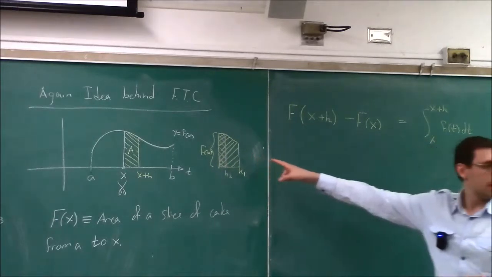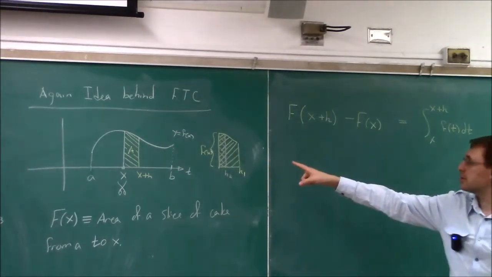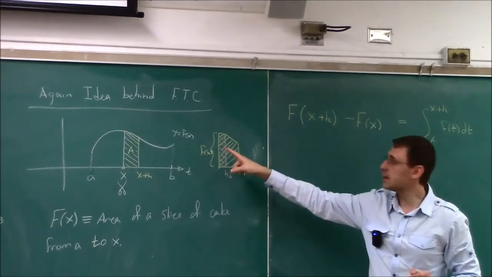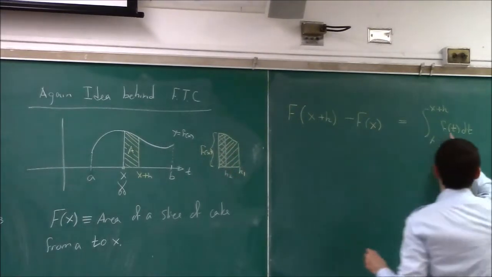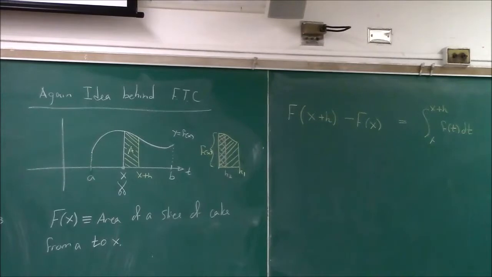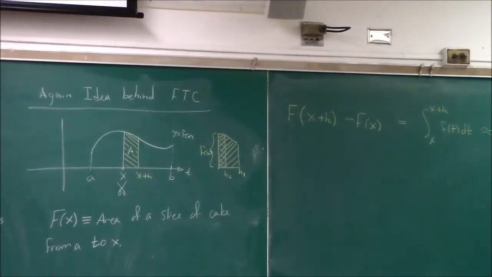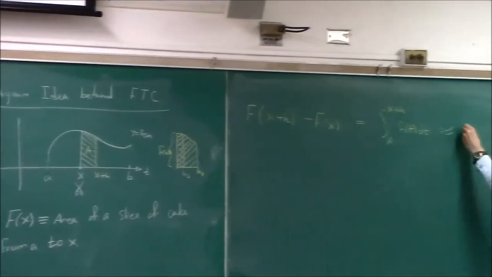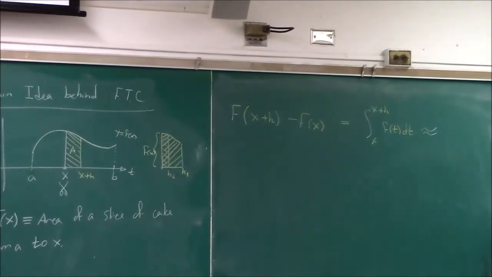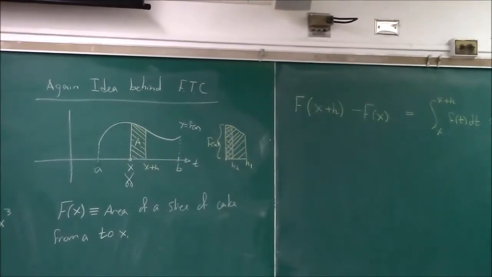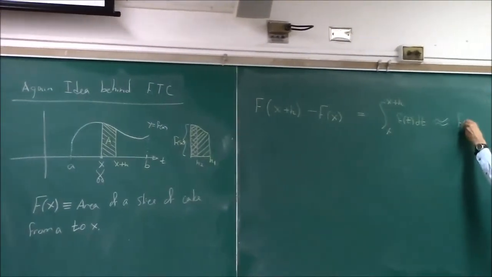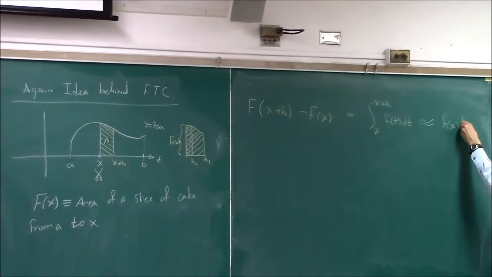Look at the shape. It resembles a rectangle much more nearly. Correct? So what you can then say is that this area is essentially similar to the area of a rectangle whose height is f of x. So this is essentially the same as f of x times h.